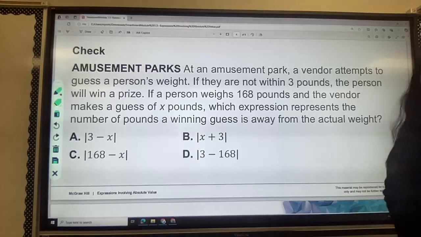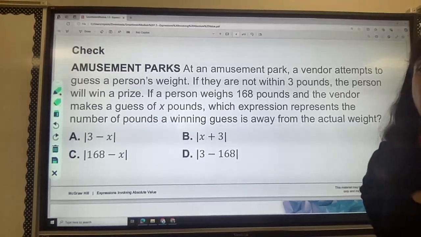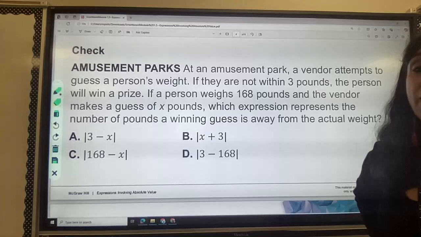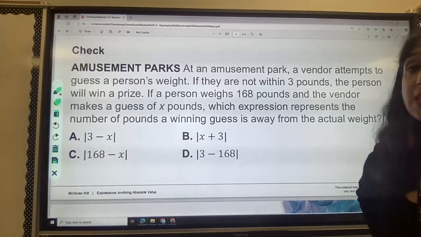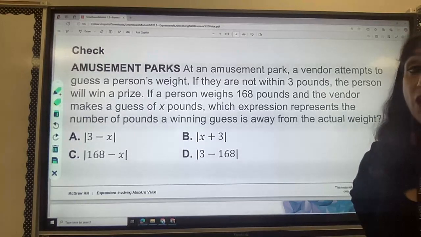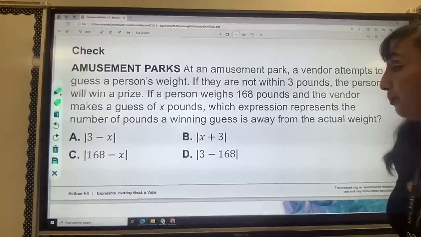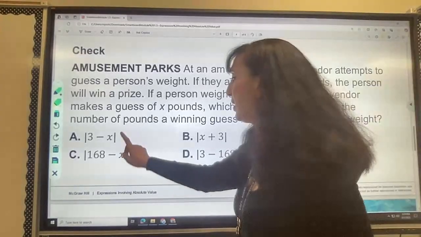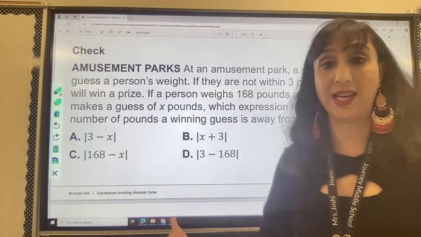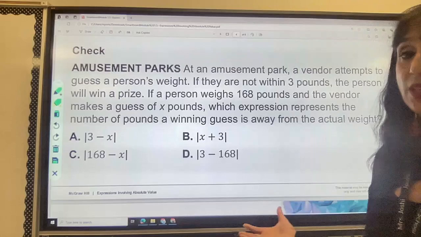So let's look at this one. Okay, it's saying the vendor attempts to guess a person's weight. If a person weighs 168 pounds, they have got to be within 3 pounds, right? So this cannot be it, because it's got to be 168 minus the X, which is representing the weight.